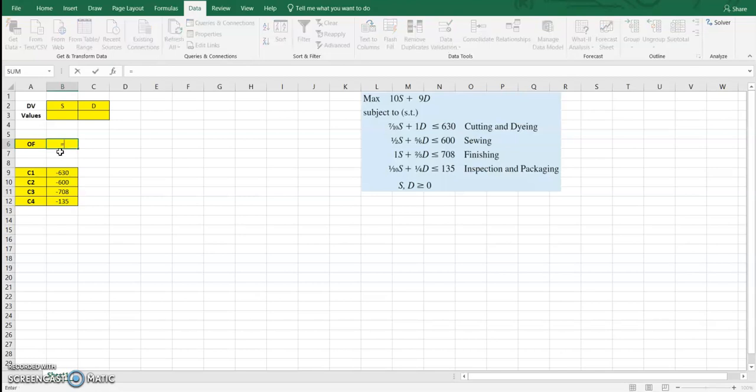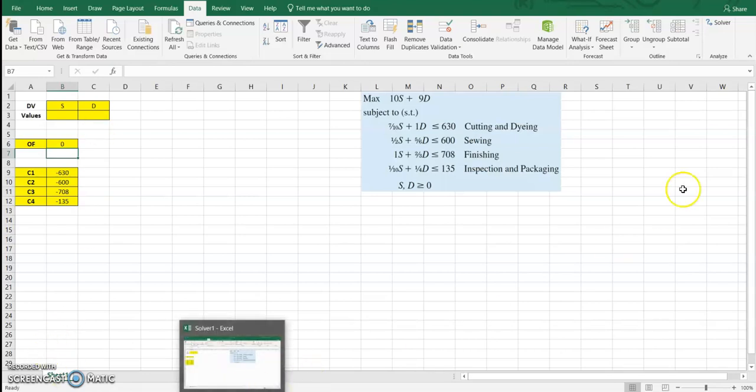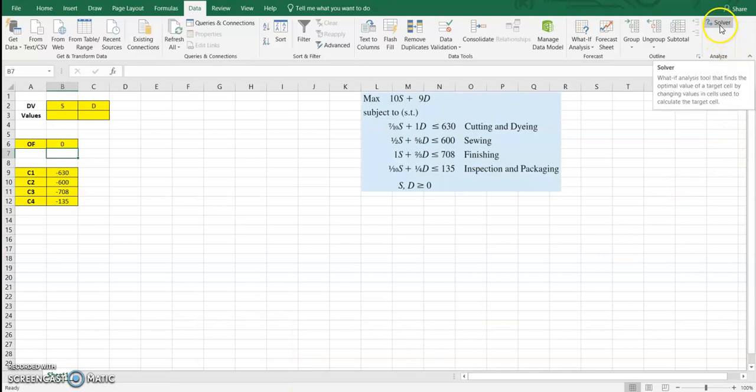So we are going to put equal 10 times S plus 9 times D. Now it's a formula. You see, the error that it gave me makes complete sense, because for some reason I lost the formula that I put here. As far as I remember, yes, I put it.